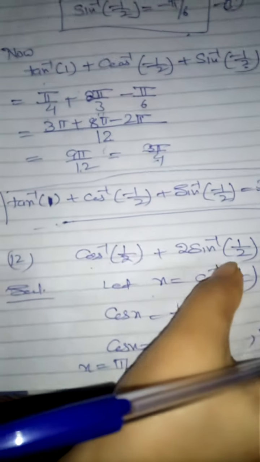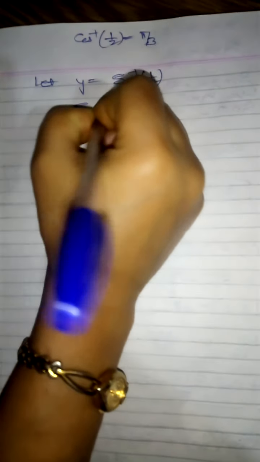Now let us find out the value of the second term, that is 2 sine inverse 1 by 2. First of all, let y equal sine inverse 1 by 2, and sin y equal 1 by 2.